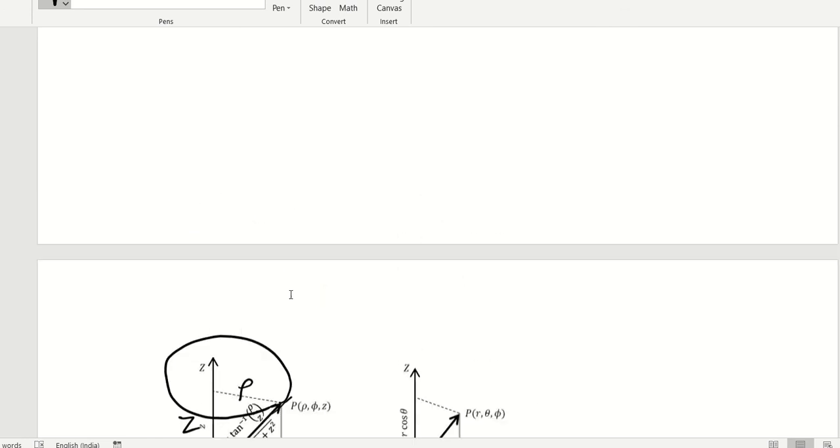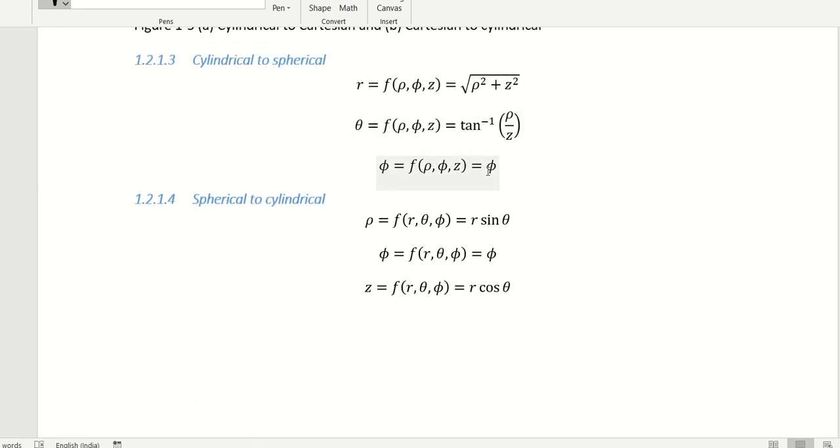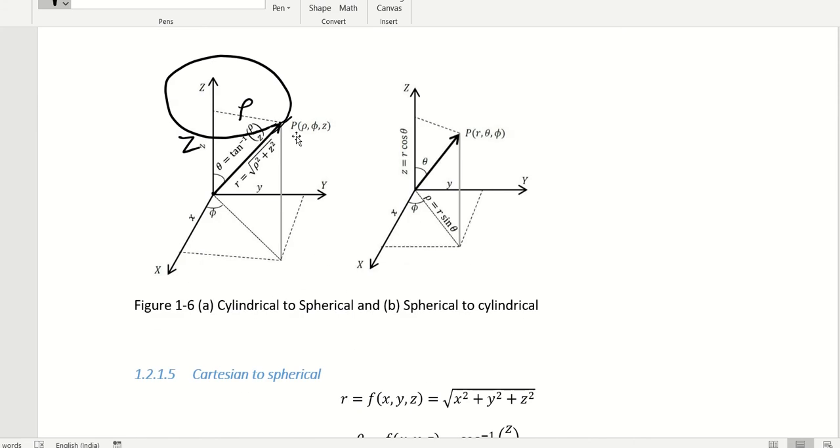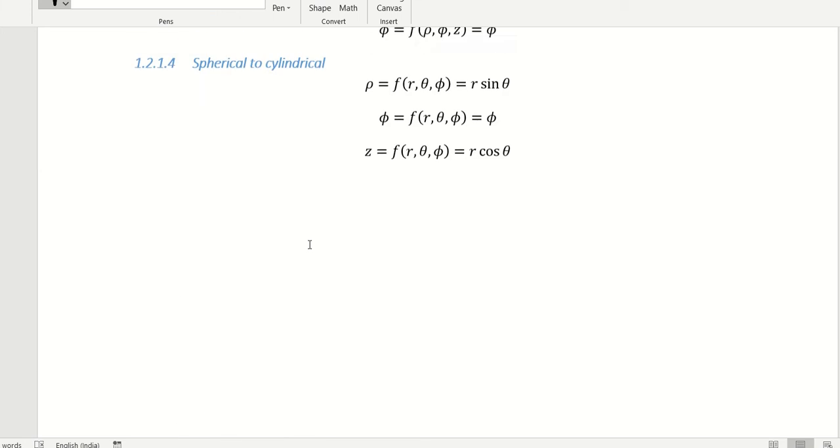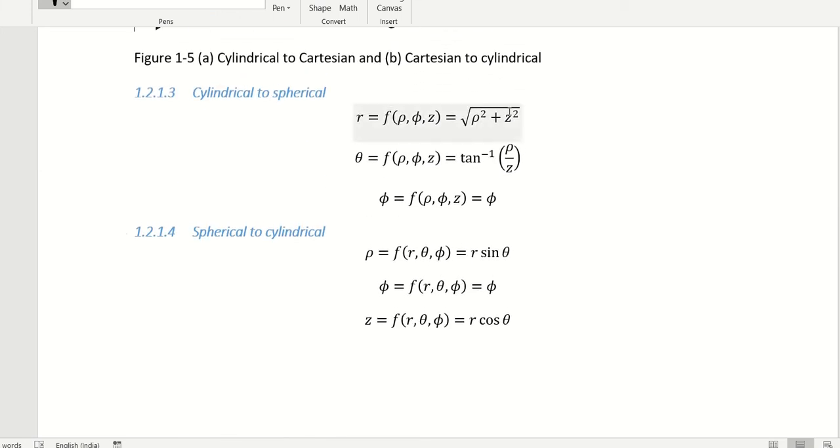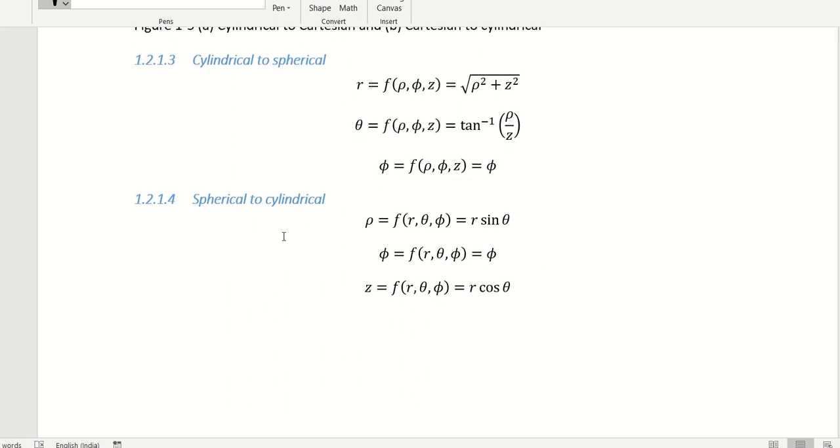My phi will be the same angle as in the cylindrical coordinate, because in cylindrical coordinate phi was the angle from the x axis, and in spherical coordinate it is also the angle from the x axis at that particular point. So we are seeing the same angle, so phi is equal to phi. So r is the square root of rho square plus z square, theta is tan inverse rho by z, and phi is phi. Next is spherical to cylindrical.